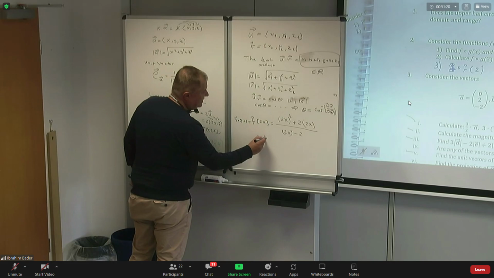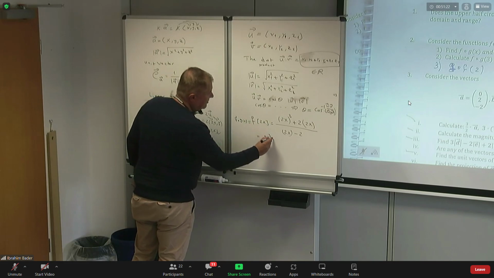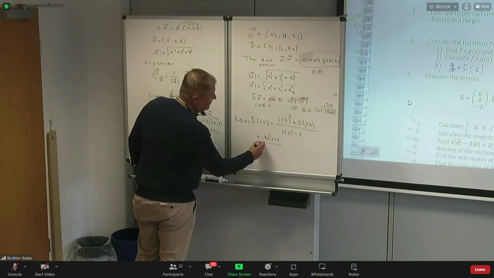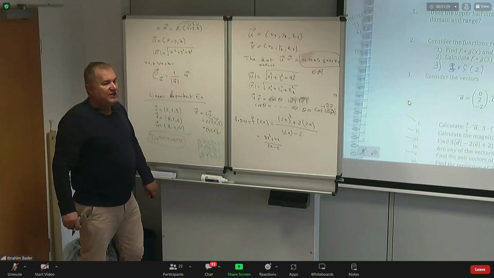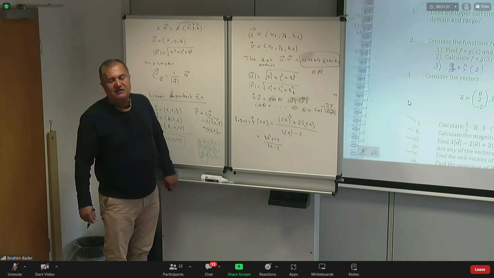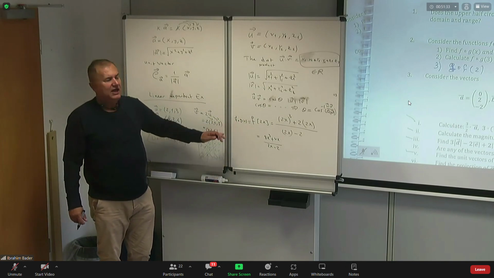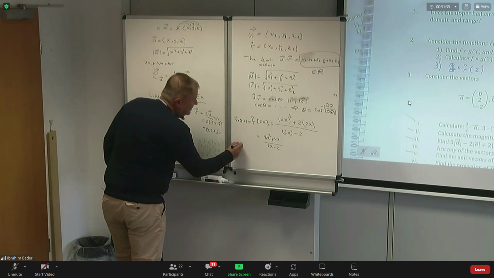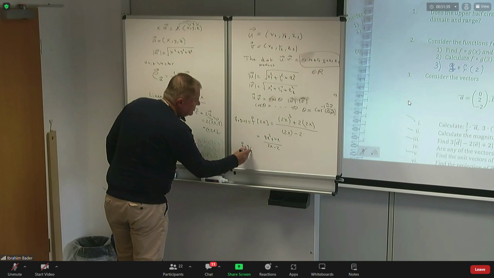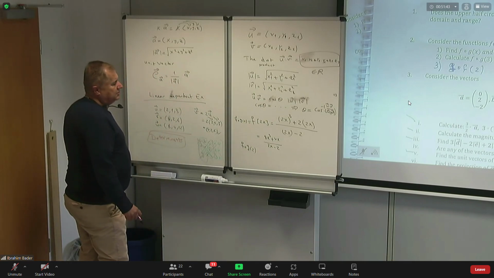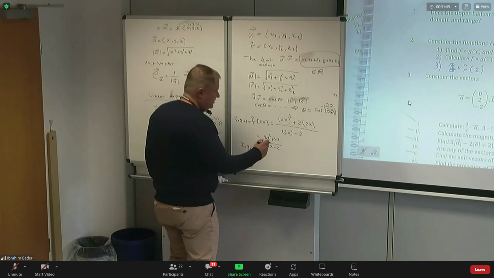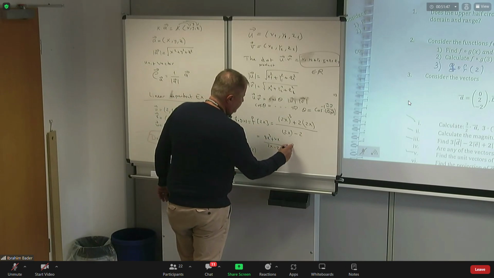So I have here 8x cubed plus 4x over 2x minus 2. Okay, now if you want to evaluate it at 3, you just plug in 3, straightforward. But if you want to evaluate it at 2, here you can take 2 as a common factor, right?